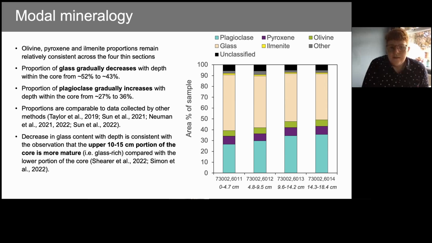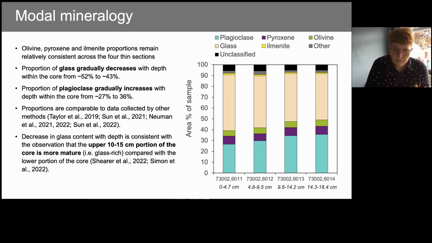But if we look at the glass, shown in the creamy colour there, that's decreasing with depth within the core, from about 52% down to 43%. And equally, plagioclase is gradually increasing with depth, again about a 10% difference from the top to the bottom of the section.